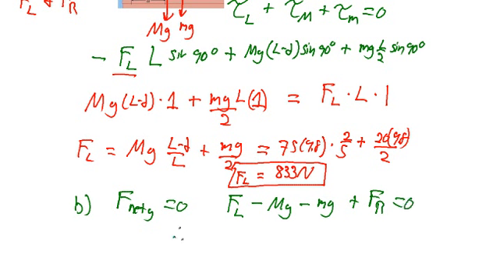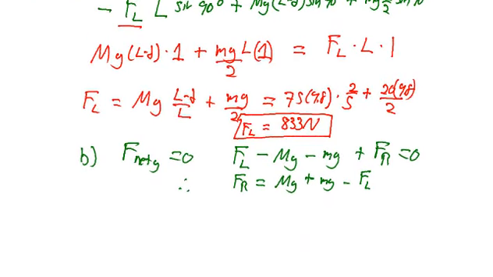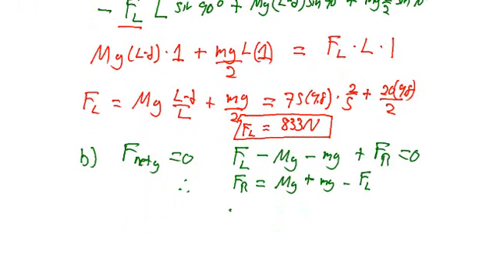And if we would solve that, then the force in the right-hand rope would be equal to capital Mg plus little mg minus F sub L. So this will be 75 times 9.8 plus 20 times 9.8 minus our 833 that we found in part A of the problem.